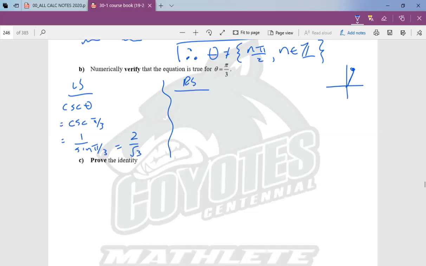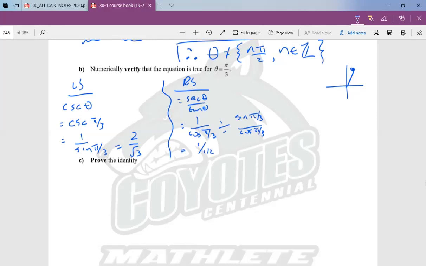Our right side is equal to secant theta over tan theta, which is 1 over cos pi thirds divided by sine pi thirds over cos pi thirds, which is equal to 1 over a half.